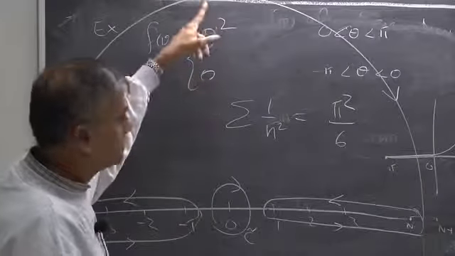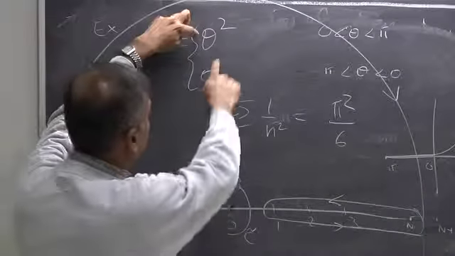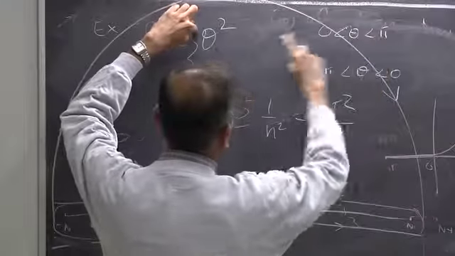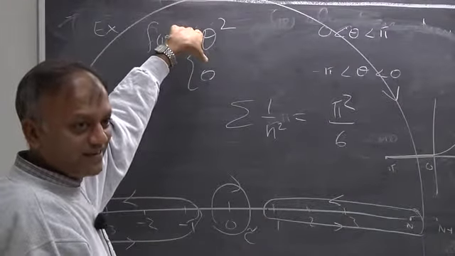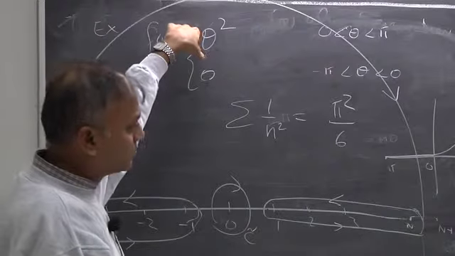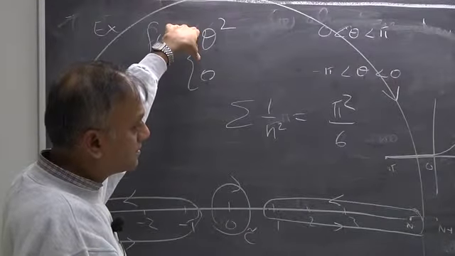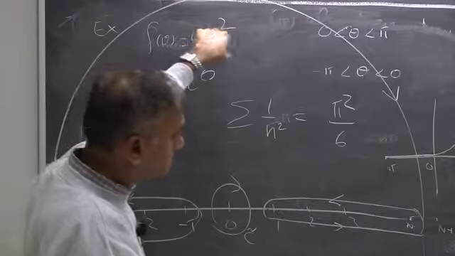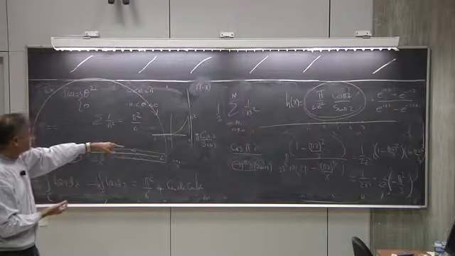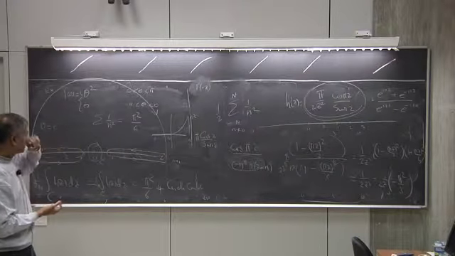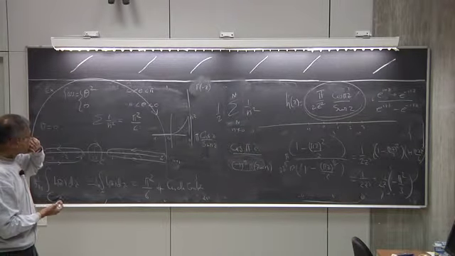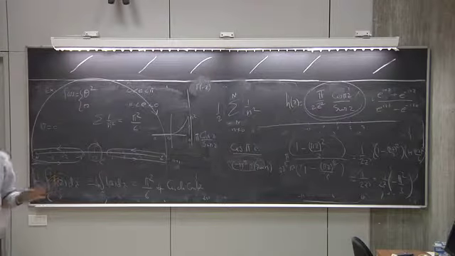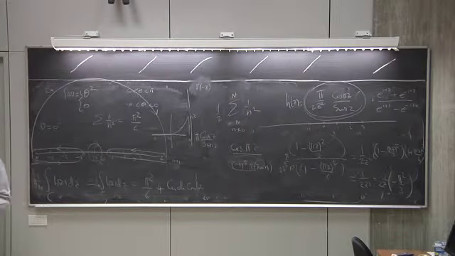But for positive theta, strictly between 0 and pi, this should just give you theta square. Can you reproduce that? That would be a good thing to try. I have erased what was the original function, but you have to go back there. In principle, you should be able to do it, if you cleverly find the function whose residues are the right ones.